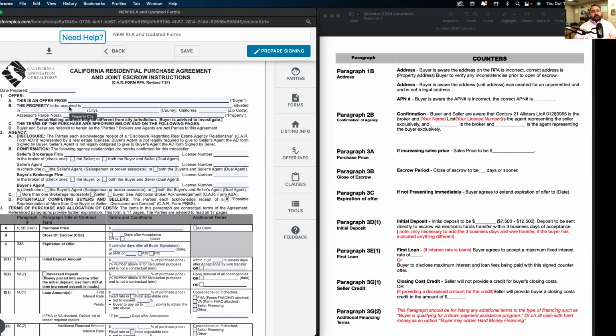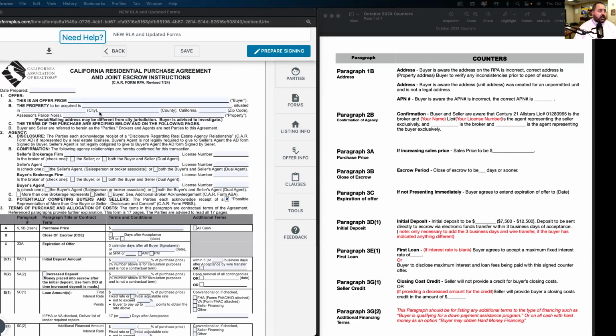I think sometimes as agents, we get a little bit too quick in our review of the offers that come in, and we don't pay a lot of attention to the address, but it's one of the things that you have to, because obviously it makes a big difference if the address isn't correct on selling the property.